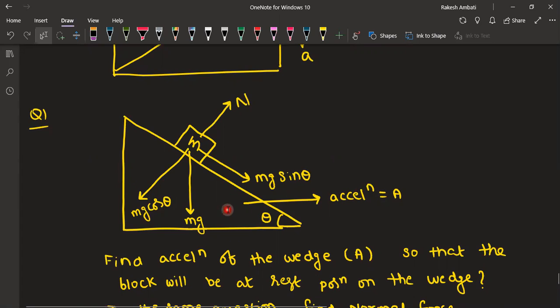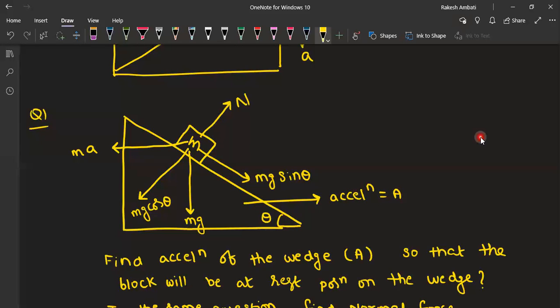In the case of a non-inertial frame, along with real forces, a pseudo force also acts on the body. But how to draw the pseudo force? Opposite to the direction of acceleration of the non-inertial frame. Rightwards is the acceleration of the non-inertial frame, so the pseudo force is leftwards. So it is ME, the pseudo force acting on the block.